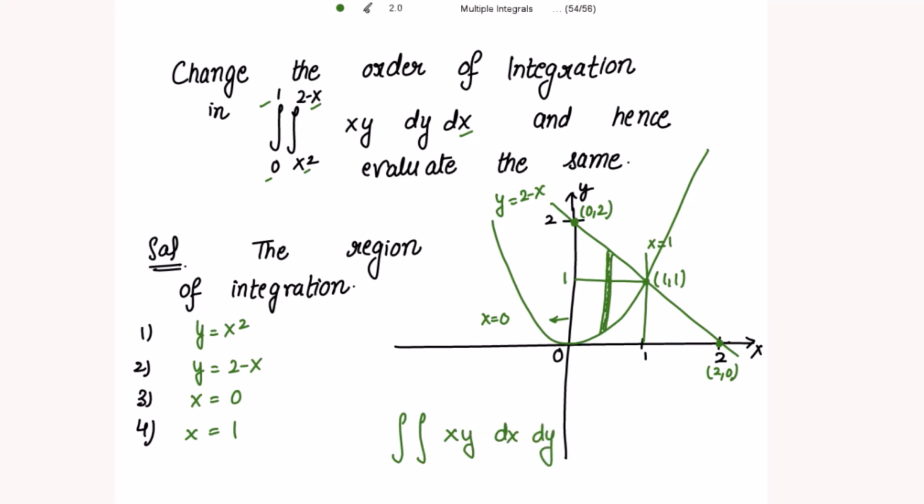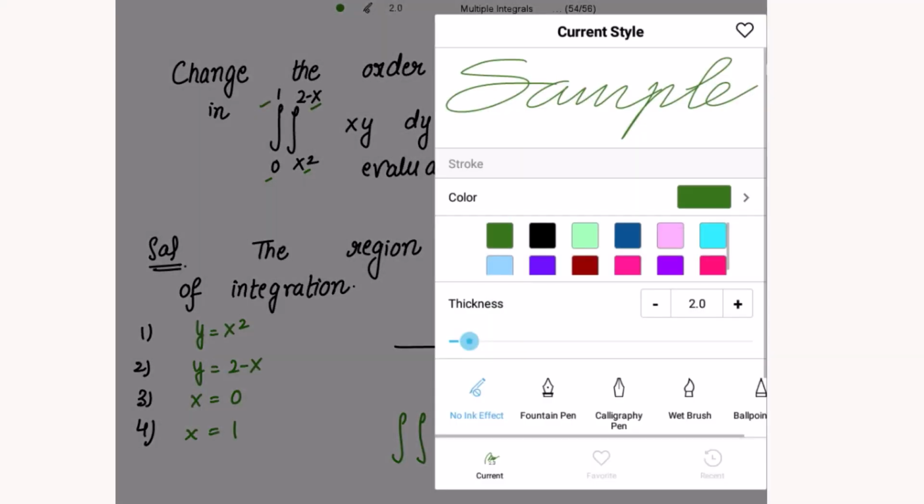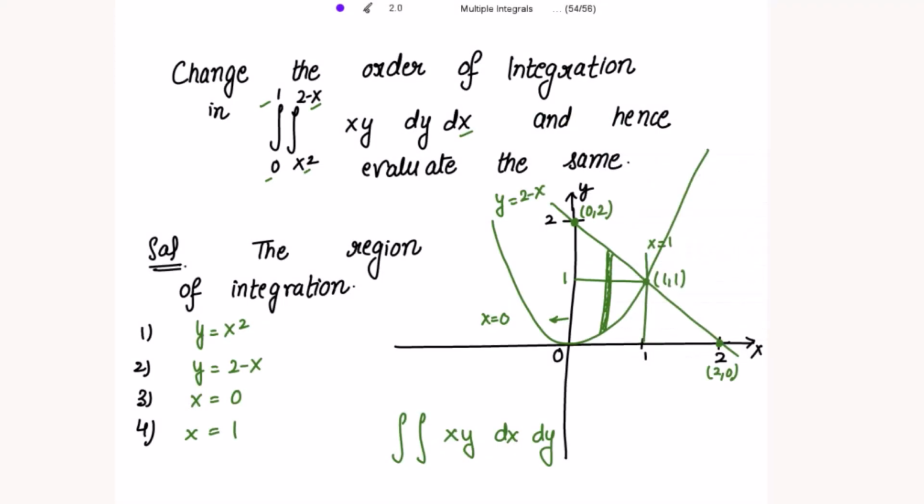So this vertical strip will now become a horizontal strip. I'm changing the color of the pen for this. So this is your strip now. One more strip for the above region: this is region 1, and this is region 2. So 2 horizontal strips for region 1 and region 2.